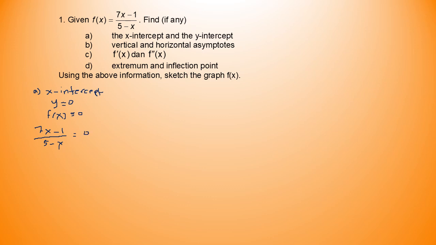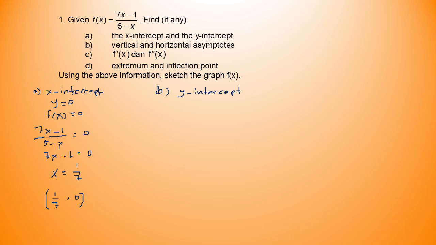From here, we get 7x - 1 equal to 0, then we get x equal to 1/7. So we get the x-intercept (1/7, 0), which means the graph will go through the coordinate (1/7, 0).